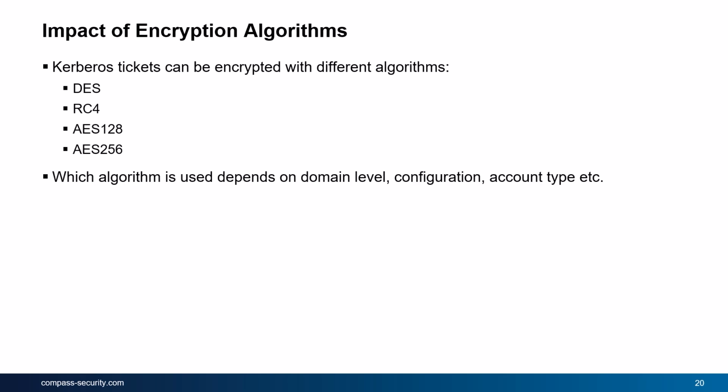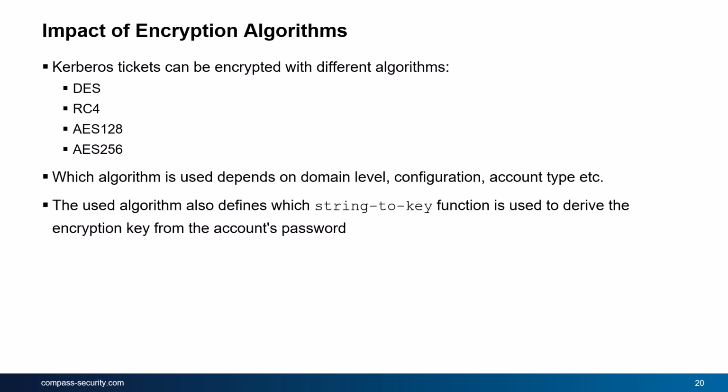And which of these algorithms is used for every specific case when you request a ticket depends on different things, like the domain function level, the configuration of the account itself, the account type, so whether it is a user or a machine, and so on. And the actual impact the encryption algorithm has is how the Kerberos key material is derived from the user's password.